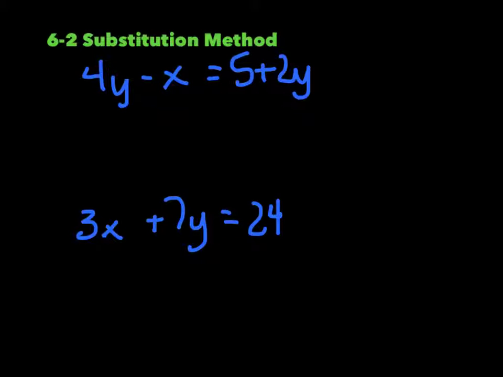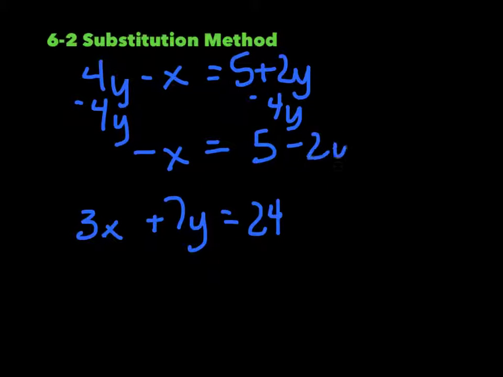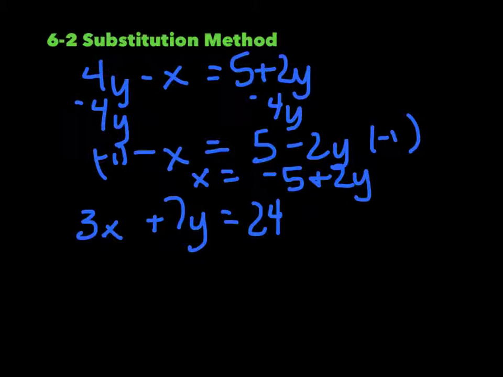So on this one, I'm going to subtract 4y on both sides. So I get negative x is equal to 5 minus 2y. I don't like this negative sign, so I'm going to multiply both sides by a negative 1. So I get positive x is equal to negative 5 plus 2y.